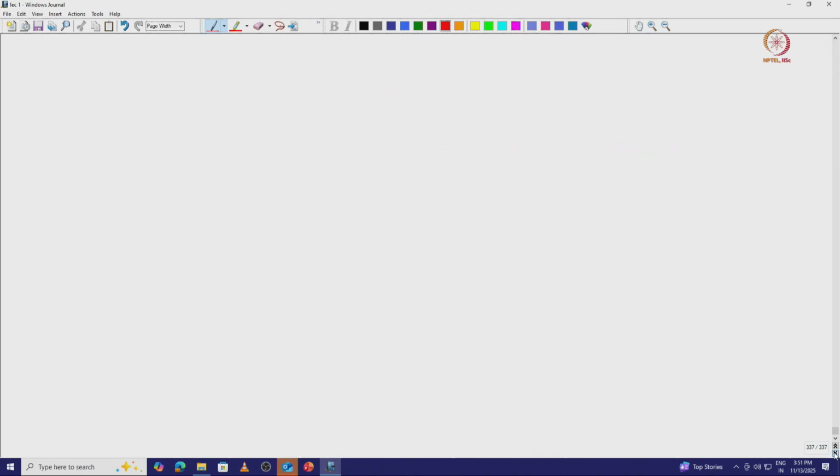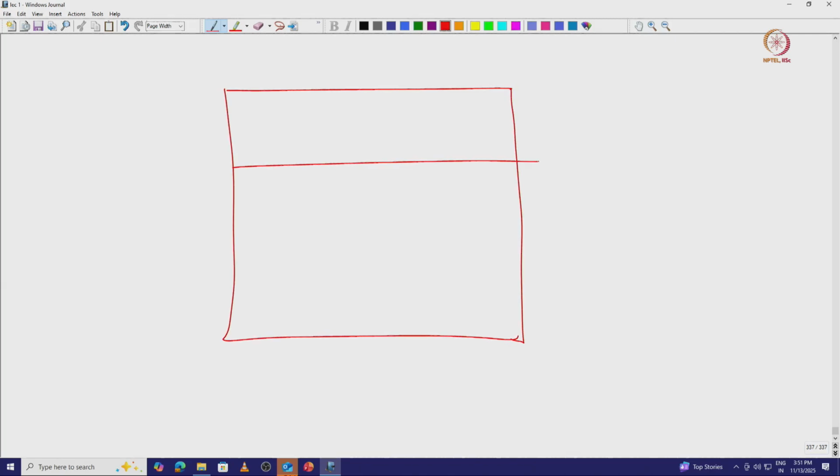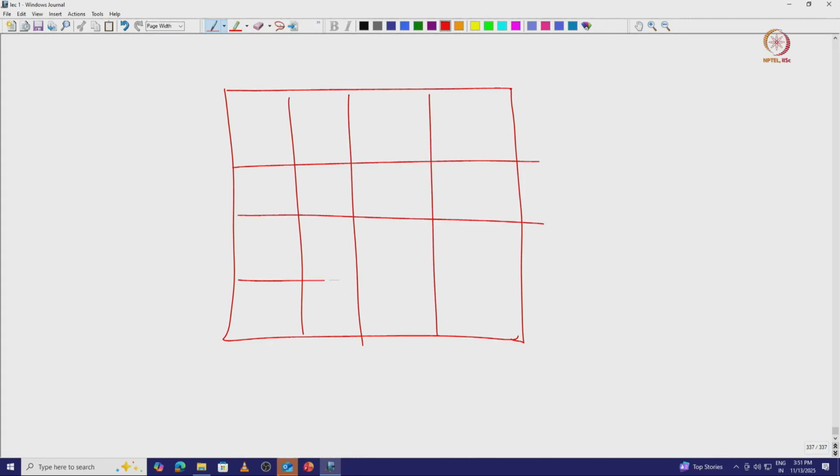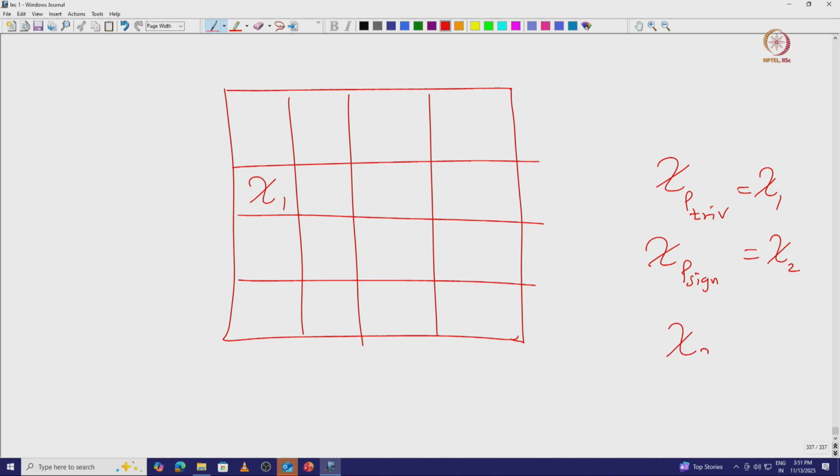In particular, if you draw the character table, you can see that we get the following table. We denote chi 1 by chi trivial, chi 2 is the sign representation, and chi 3 is chi of rho 3.